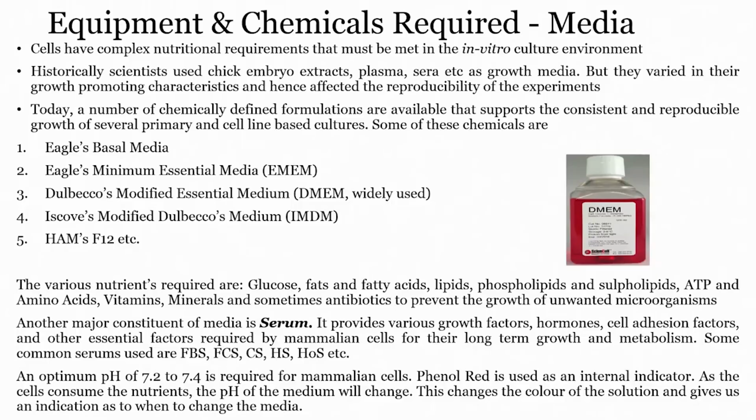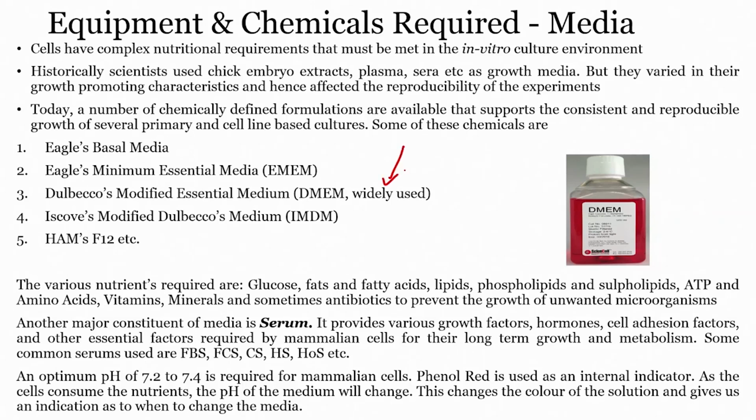So, what happened? Today a number of chemically defined formulations are available that support the consistent and reproducible growth of several primary and secondary cell lines, and some of these are Eagle's basal media, Eagle's minimum essential media EMEM, then Dulbecco's modified essential media, DMEM, which is extremely widely used.